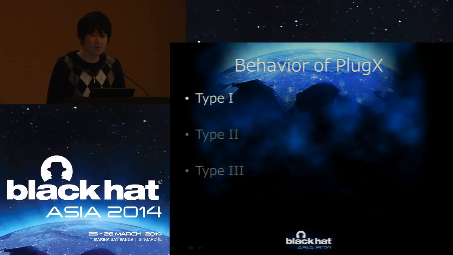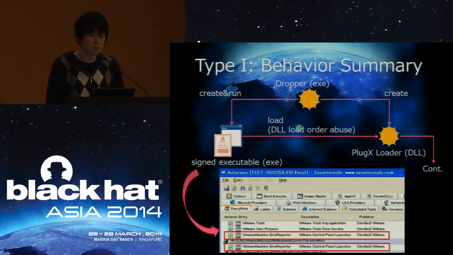First, we explain type 1. We observed it since mid-2012. This figure summarizes part of type 1 behavior. When the dropper is executed by exploits or double-clicking, it creates a signed executable and a malicious DLL.